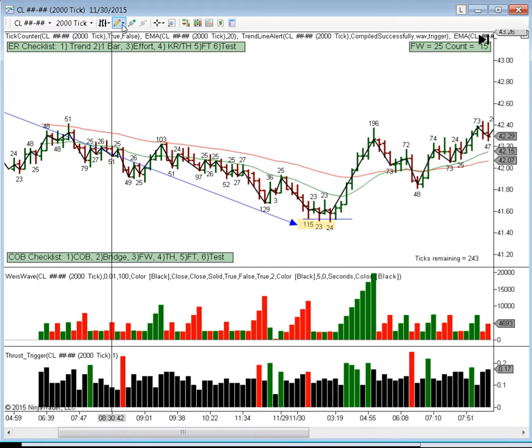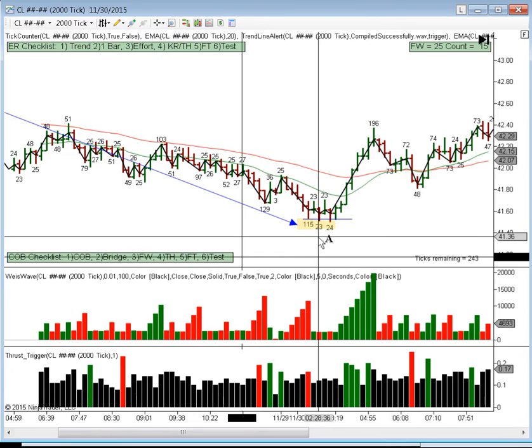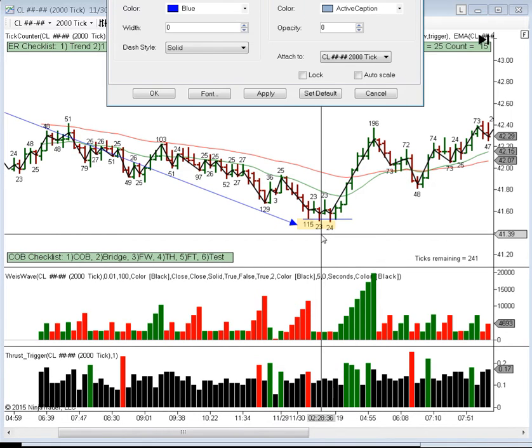When it goes from 115 to 23, 24, when the volume dissipates like that, that means that you have secondary tests that show what? A lack of supply.